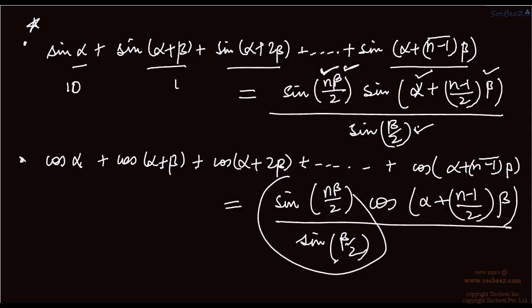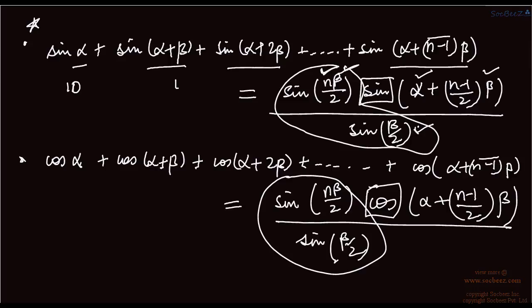Okay, so the sine beta by 2 and sine n beta by 2 terms are the same in both. Only this term has changed, which is cos here and sine here. Okay, so this is the sine series and cos series. They can ask you any question about how much is beta or something like that.